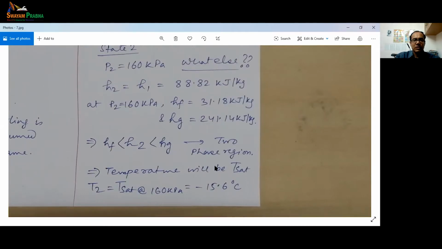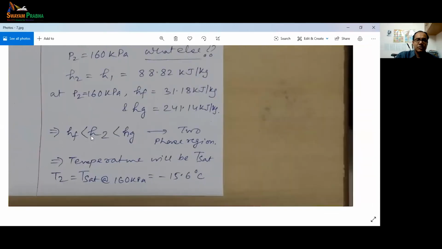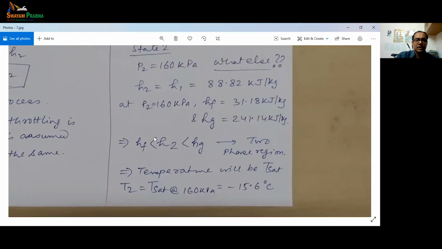You can see here that H2, the enthalpy value at the exit, is coming in between these two values, the enthalpy of liquid and the enthalpy of saturated vapor. So directly we can see that this is within the two-phase region corresponding to pressure 160 kPa.